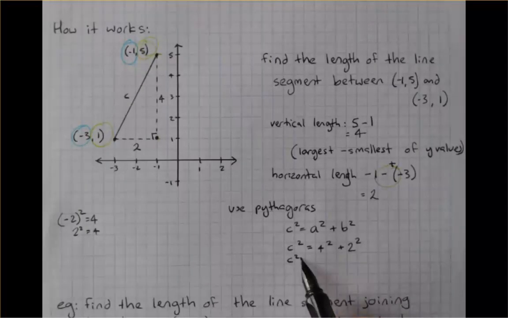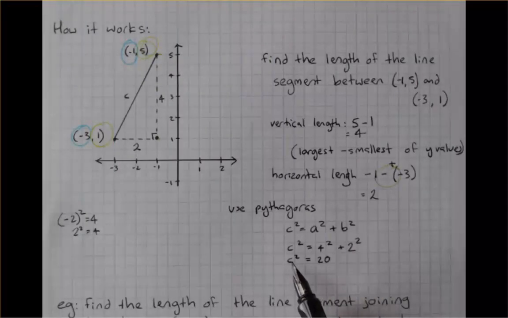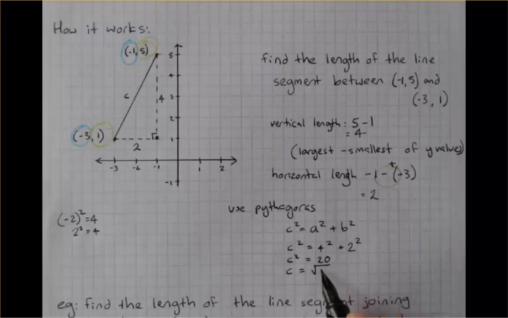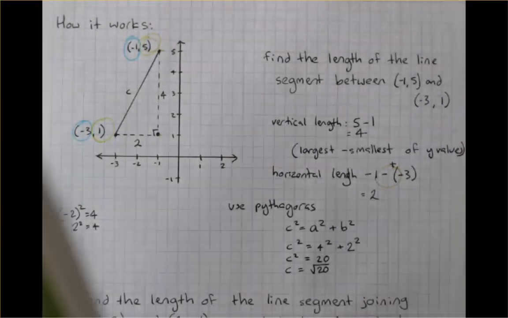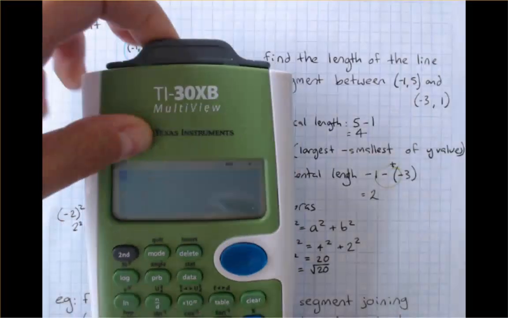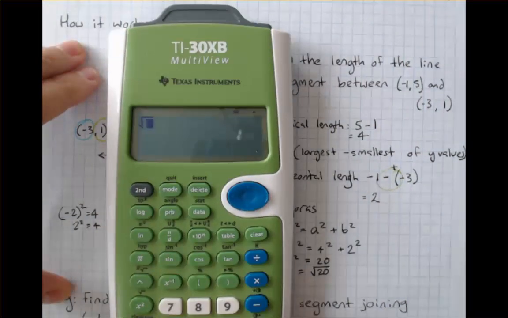So we get our answer for C squared. That would be 4 squared is 16 plus 2 squared is 20. In Pythagoras, when we've got our answer for C squared, we then need our answer for C, which is the square root of 20. Grab our calculator. Square root of 20.